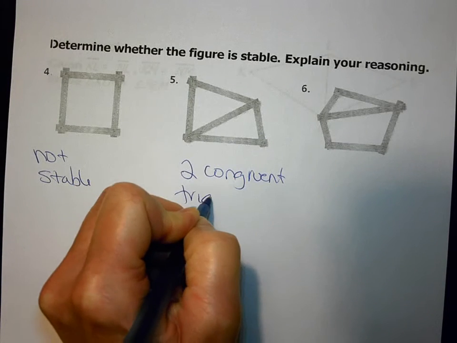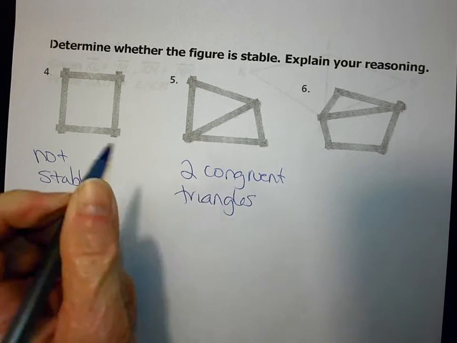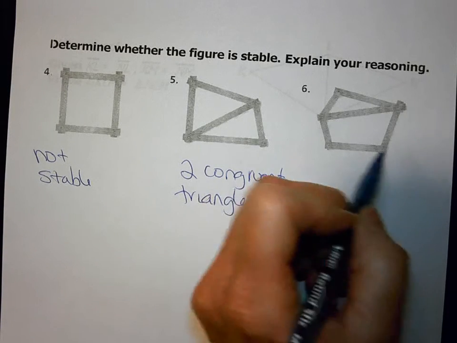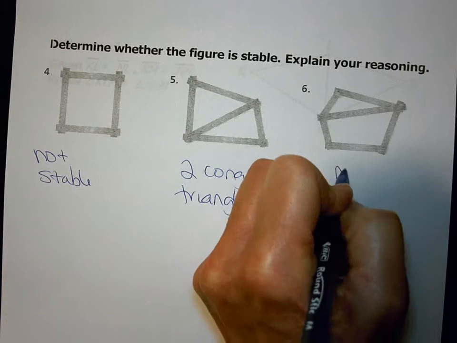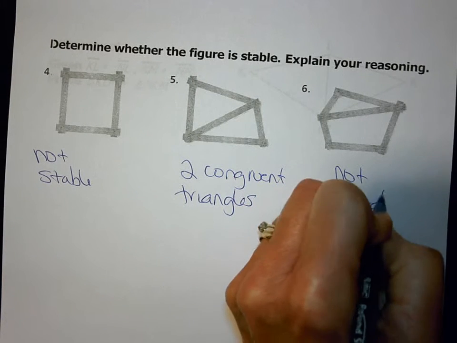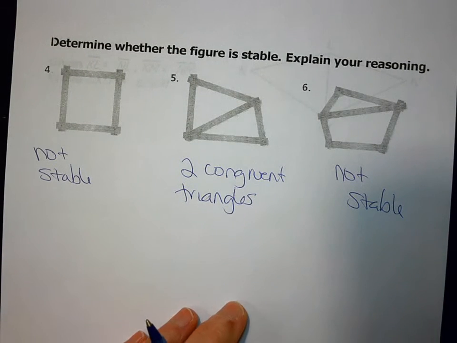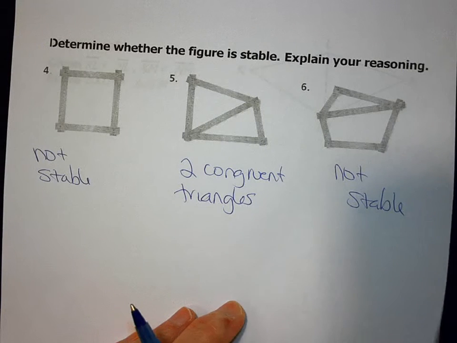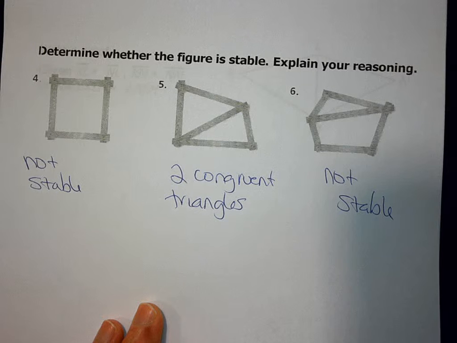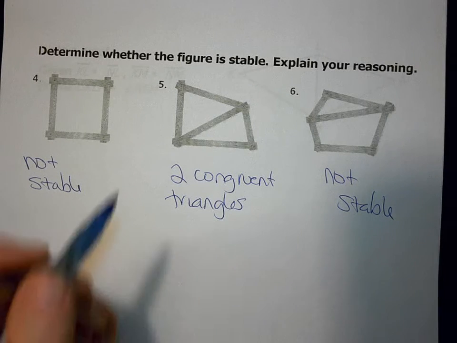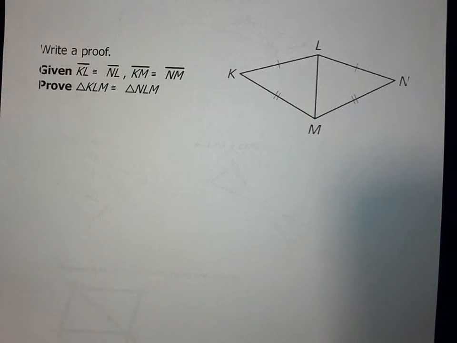And this is just like the bench. So in this case, of course, it is going to be more stable. And then number 6, we have 1 triangle, but not a second one matching it. So this is not going to be stable either, because we do not end up with congruent triangles. So just another way of looking at what we're working with, which is the 2 triangles must have 3 sides to be congruent. So they are something like this, which would be much more stable.